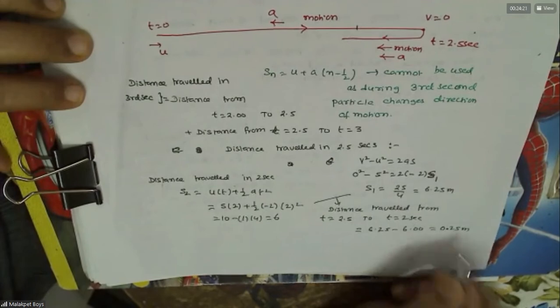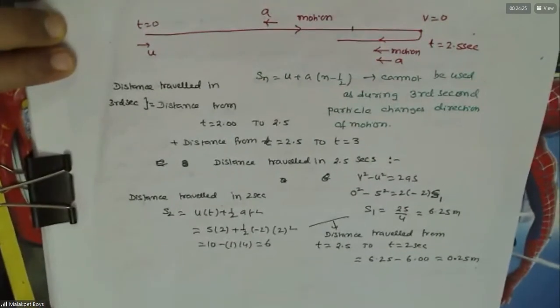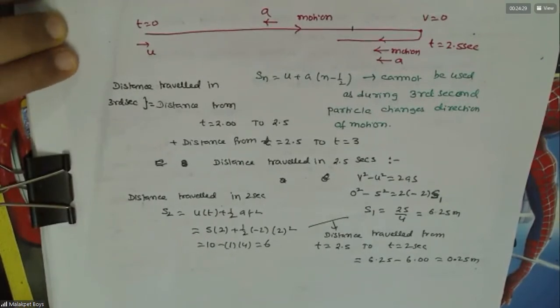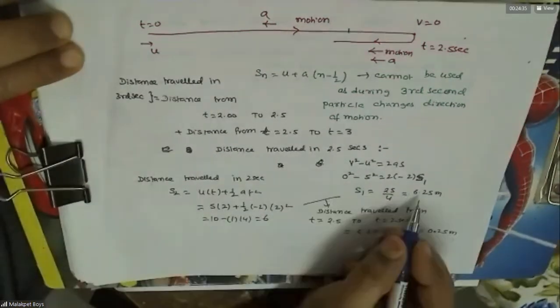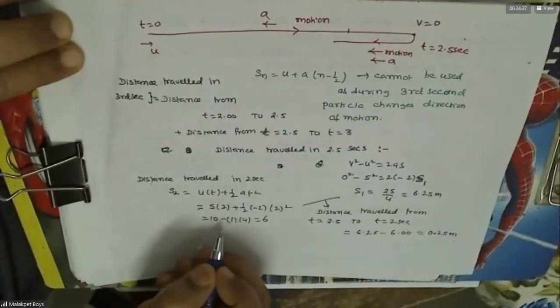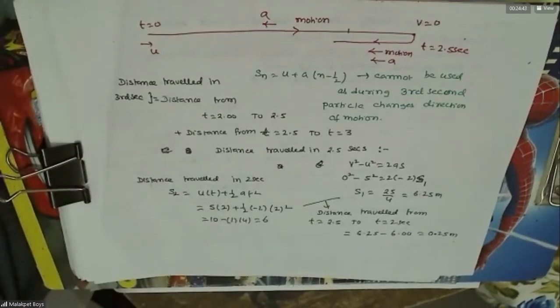Do you agree till here? 0.75 you are getting, sir. 6.25 minus 6, this is 0.25 only, no? Yes, sir. Correct.